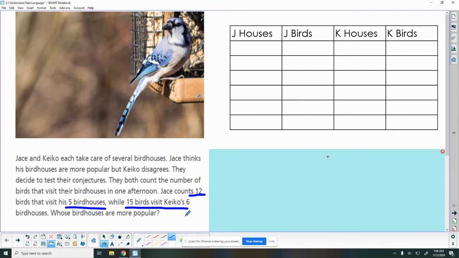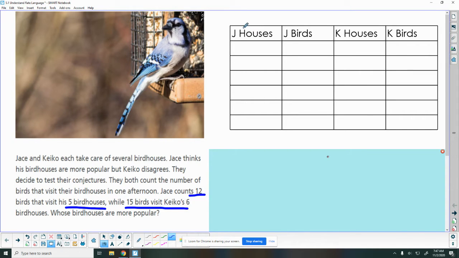So we can't just say, oh, well, Kiko had 15 and that's more, because she had more birdhouses. We've got to see if this pattern continues, and we've got to compare them. One way you could do that is to set up a double table.